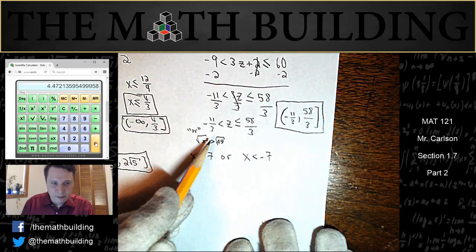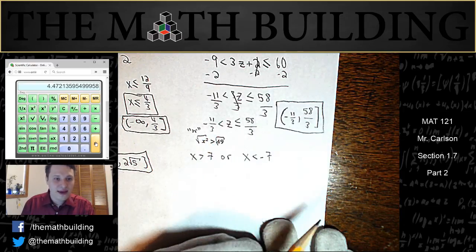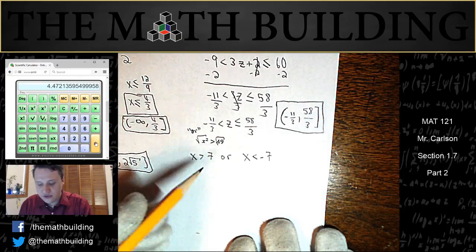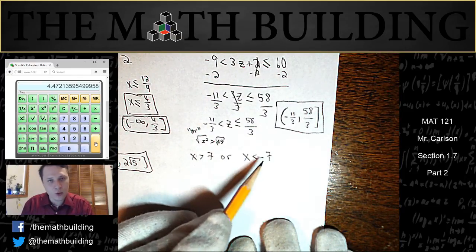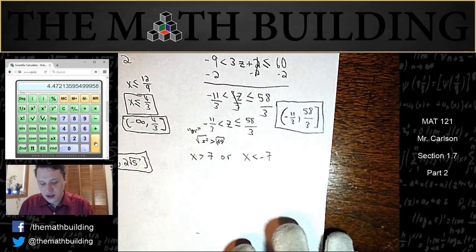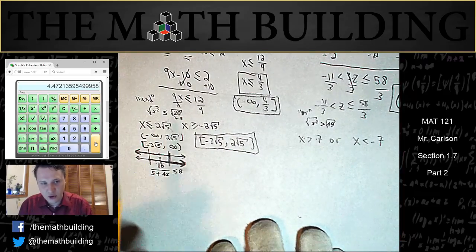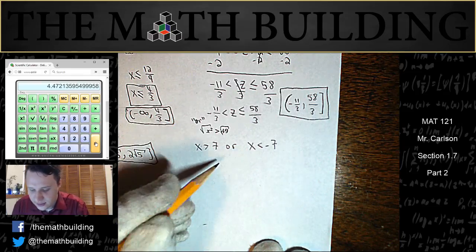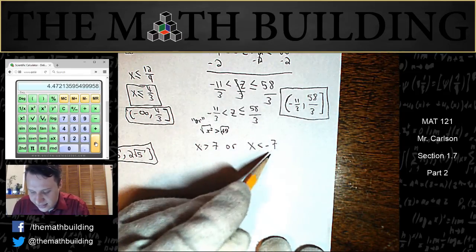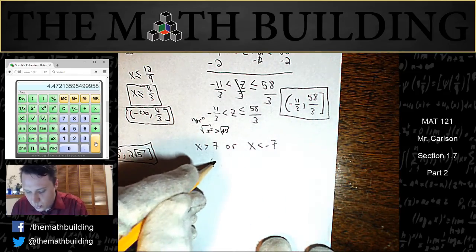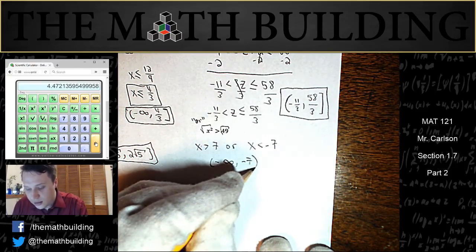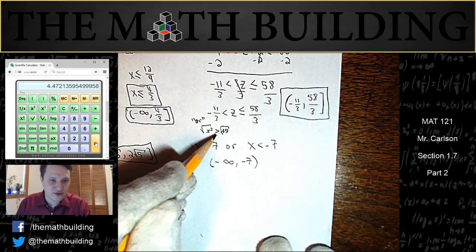Now, because this is a bigger than, we have an OR problem here as opposed to an AND. That means that as long as the solution is one or the other, it's going to work. So unlike the last one where we had to find the overlap, this one you can just put both of the answers down. The first one is x is less than negative 7, which would be negative infinity up to negative 7, not included because we don't have an equal sign.